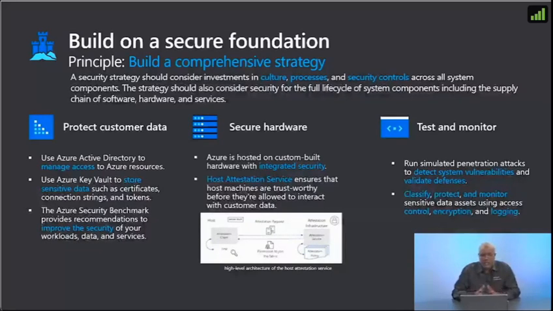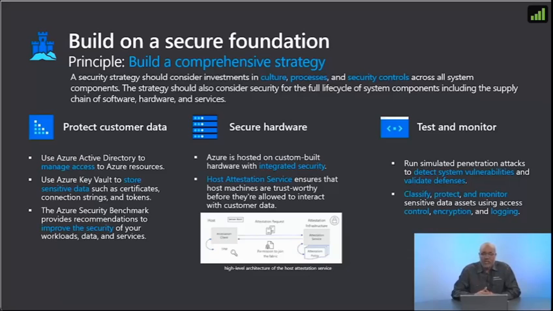You have three options here as well, or three pillars, I should say. Protecting your customer data, securing hardware, testing, and monitoring. With regard to protecting your customer data, you can use Azure Active Directory to manage access to your Azure resources using role-based access control and different ways to authenticate through Azure Active Directory.